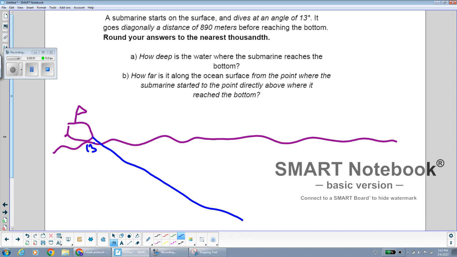It goes diagonally a distance of 890 meters before reaching the bottom. So here is the ocean floor, the bottom. I'm going to write here, bottom.